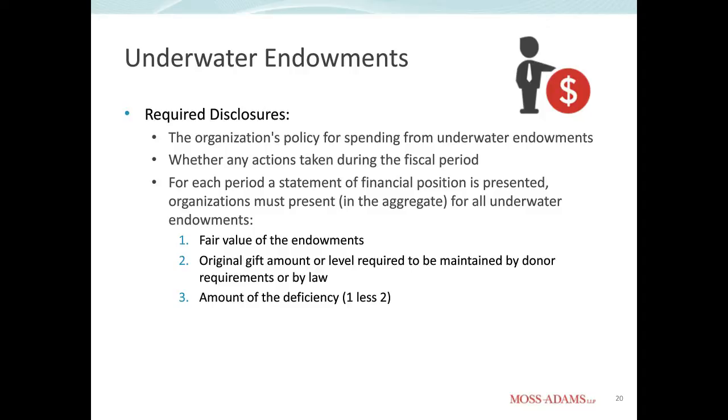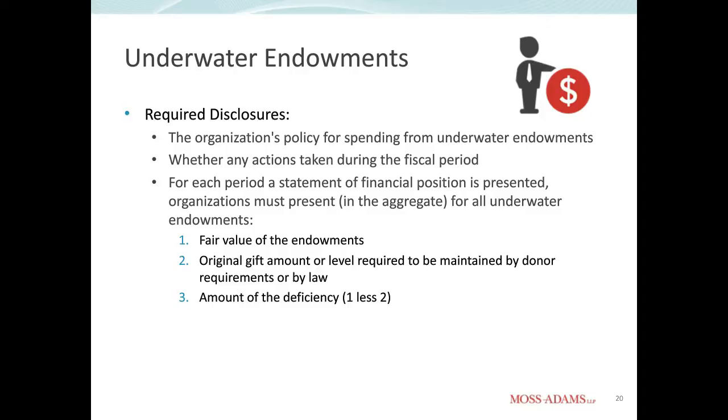And we really saw significant impacts on the unrestricted net assets for a lot of entities during the recession, when the investment market was showing significant losses. And we saw a lot of our clients with some negative unrestricted net assets because of that.